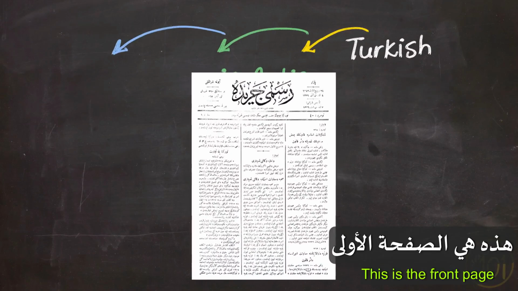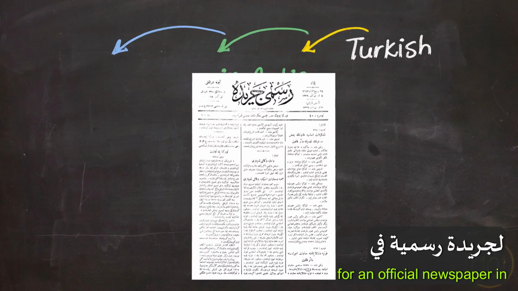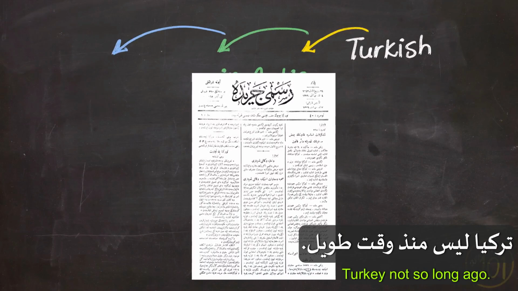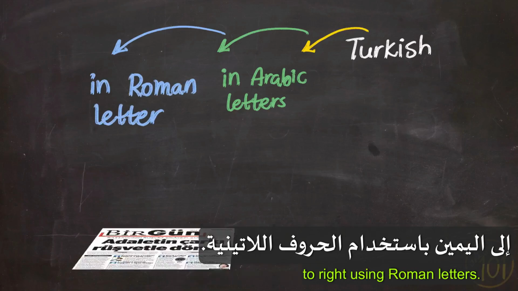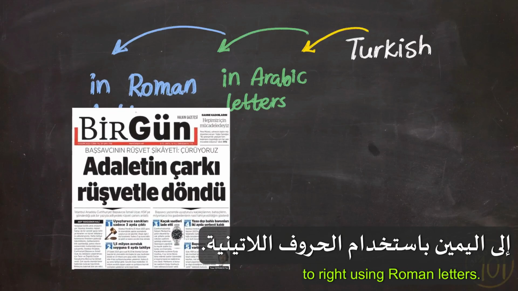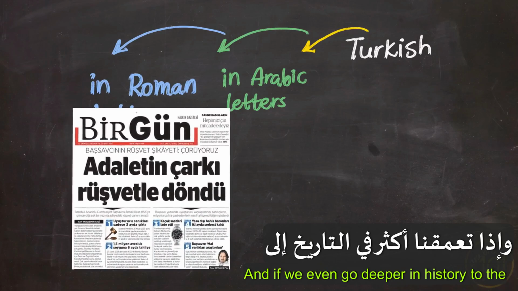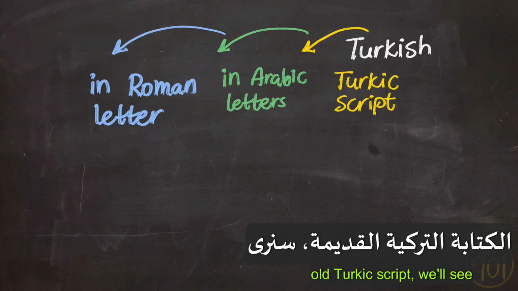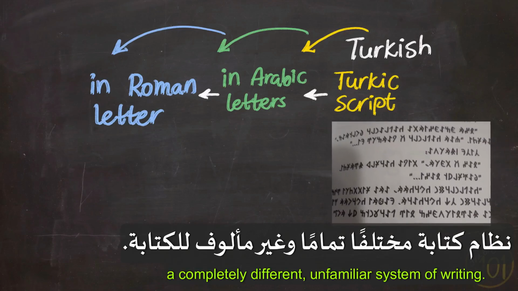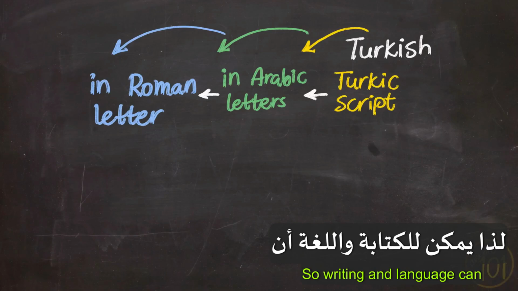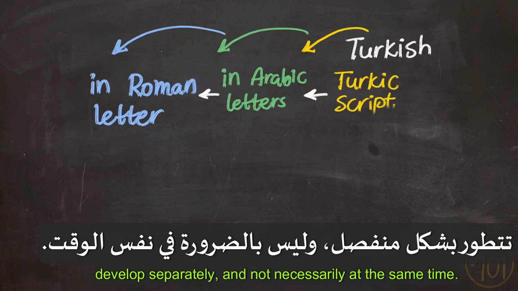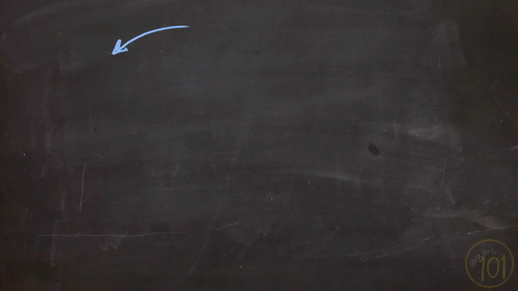This is the front page for an official newspaper in Turkey not so long ago. And today, the very same language is written from left to right using Roman letters. And if we even go deeper in history to the old Turkic script, we'll see completely different, unfamiliar system of writing. So, writing and language can develop separately and not necessarily at the same time.